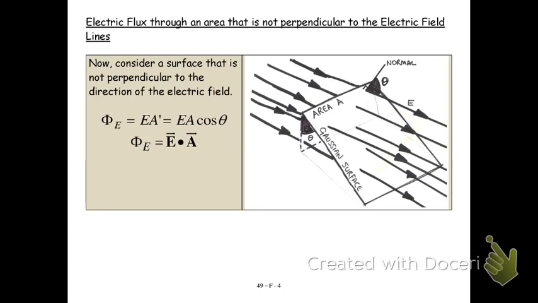Let's say that by chance, for some reason, and there's a good reason why we're going to do it, we choose not to have the card at 90 degrees to the electric field lines. Well, that's okay. We think the area is this, but really the area is that. It's the front edge, the cross-sectional area. And they're related by this angle.